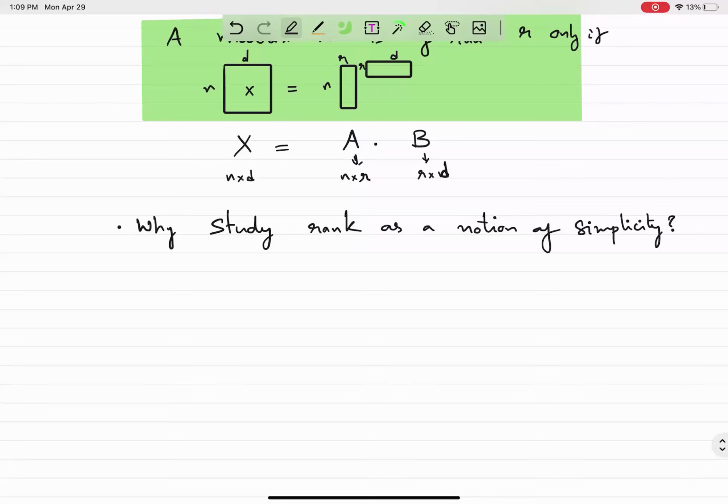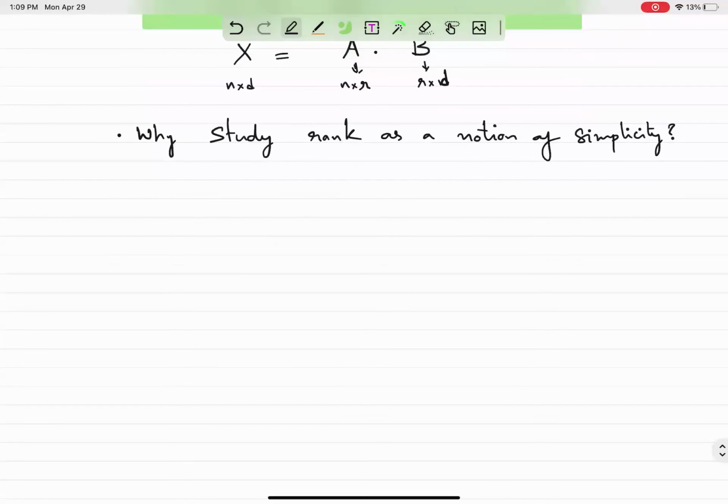That's definitely a very good point. For instance, especially for storage, it's massive savings. To store X, we would need n times d parameters.